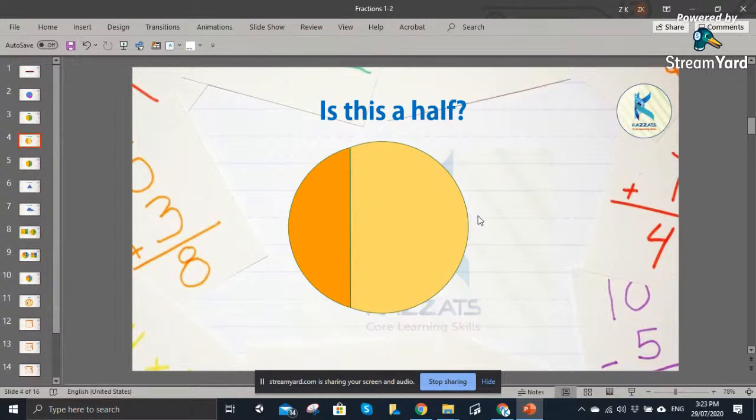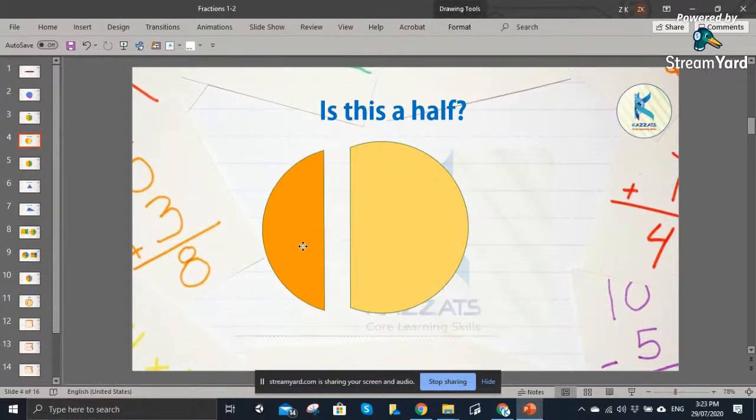This is a circle and it is divided into two parts. You can see one orange part and one a little duller shade. Do you think this is a half? I don't have any comments or questions over here.